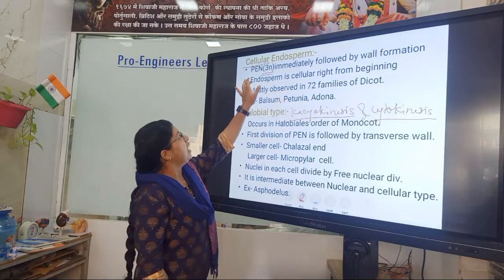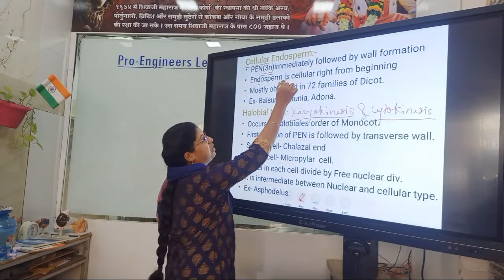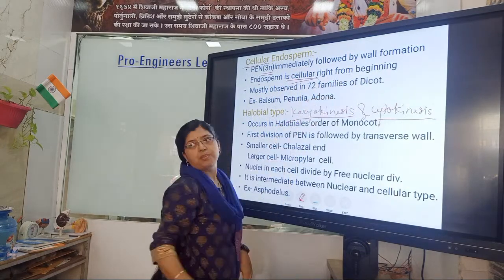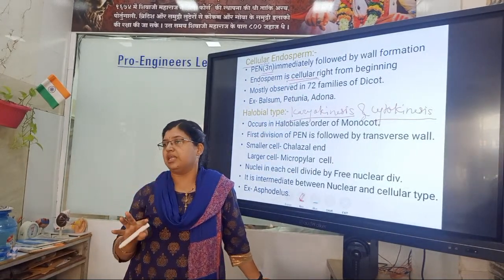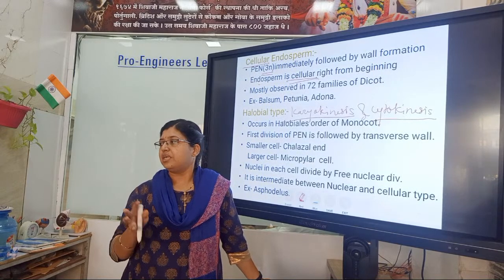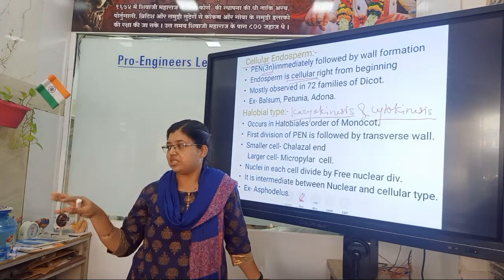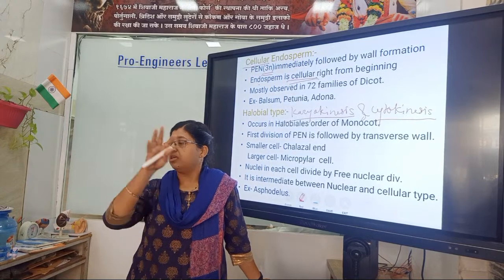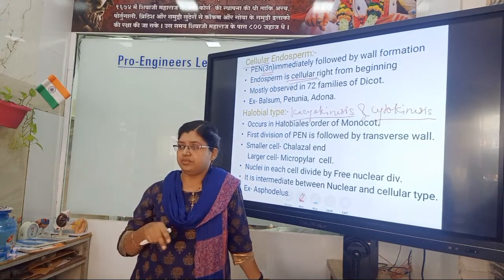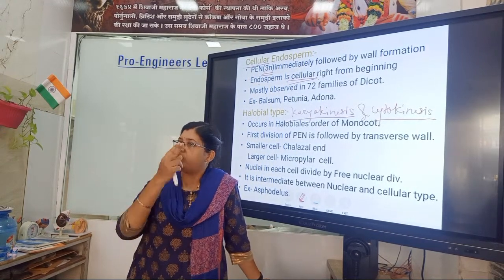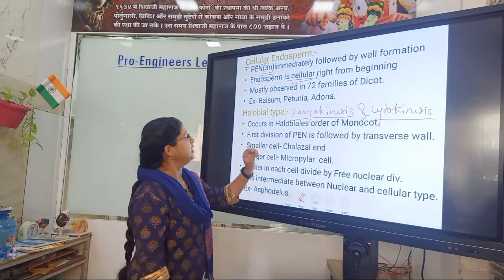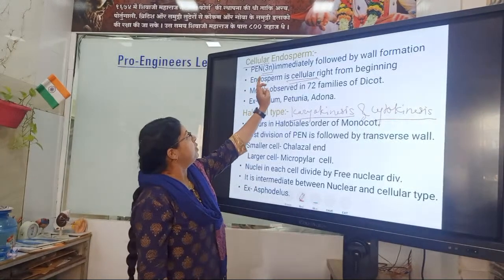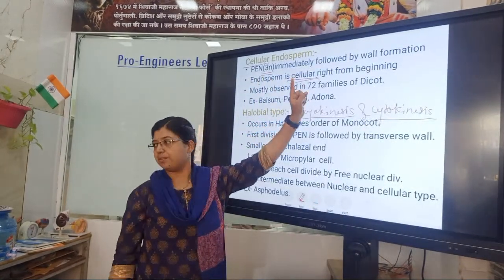The endosperm is cellular right from the beginning, meaning there are separate cells from the beginning. But in the nuclear type there are no separate cells, because the nuclei are free at the periphery, and after that the cell wall formation occurs.